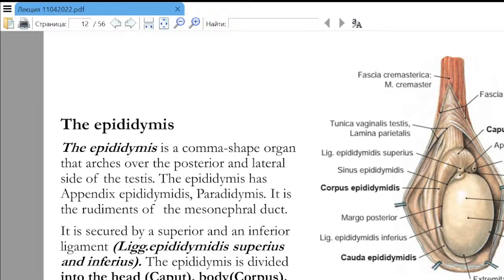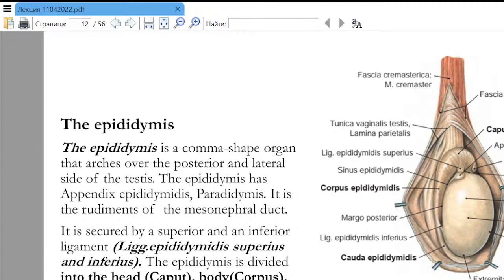The epididymis has the appendix epididymidis and the paradidymis, which are rudiments of the mesonephric duct. It is secured by a superior and inferior ligament, ligamentum epididymidis inferius and ligamentum epididymidis superius.